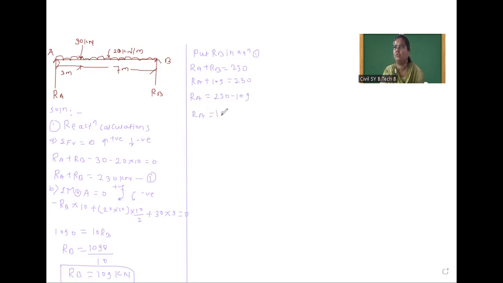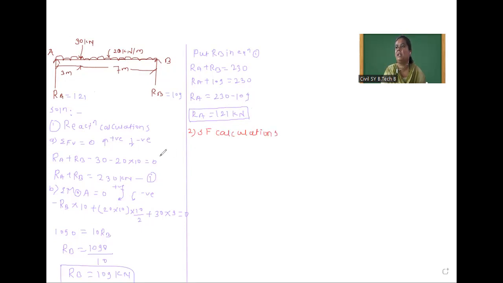RA equals 121 kilonewton. So our reaction calculation part is over. We will write the values here: RA is 121 and RB is 109. Now we move to the next step, shear force calculations.